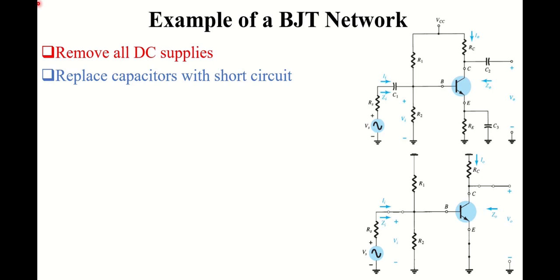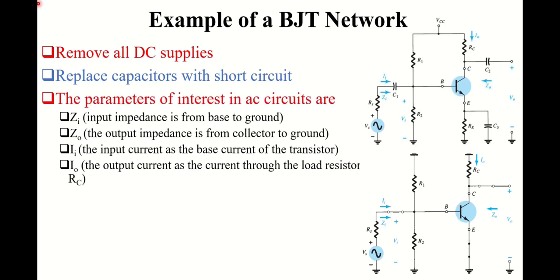While doing the AC analysis of BJT circuits, we will always focus on finding the values of a few important parameters whose list is provided here.